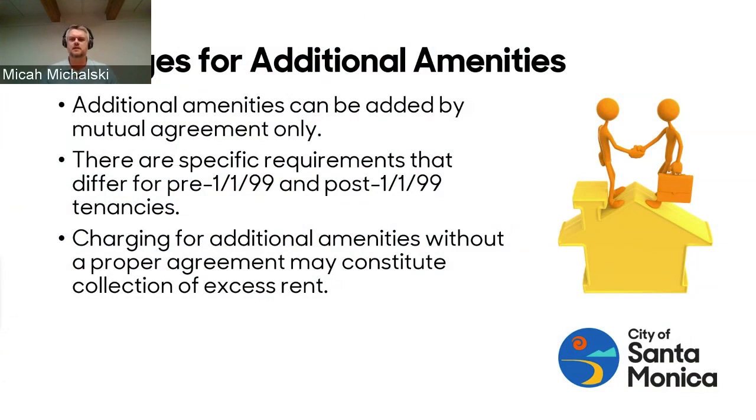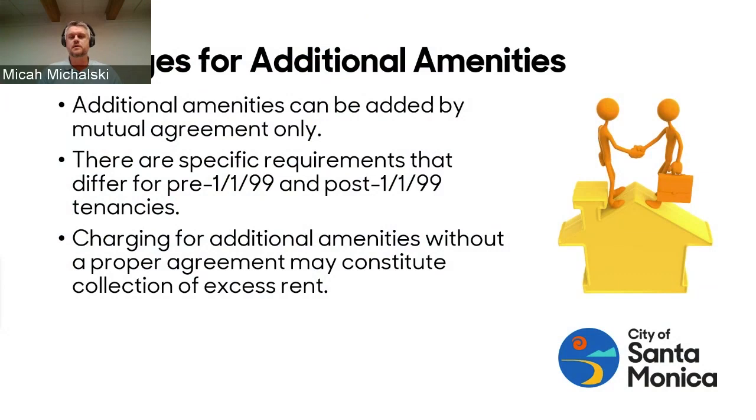The base rent and the amenities that come with the unit are established when either pre-January 1st, 1999, they're based on, as Jenny said, what was in effect April 10th of 1978, or for post-January 1st, 1999 tenants, they're what came with the unit when the tenancy began.